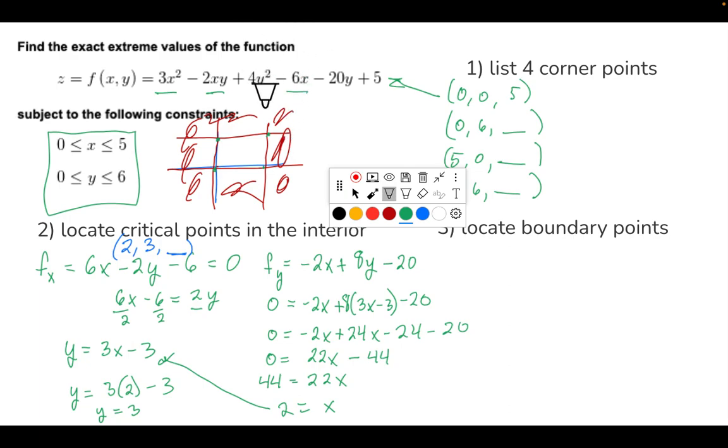So when you take the partial with respect to x with x equals 0, you get 0, because all these y values are 0. So that's not going to give us a point, right? We don't get an x. Same thing happens if we use y equals 0: this is 0, this is 0, this is 0, and when you take the partial with respect to y, that's all going to go away.